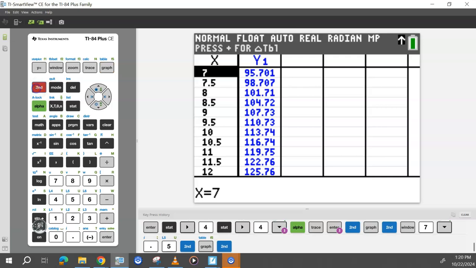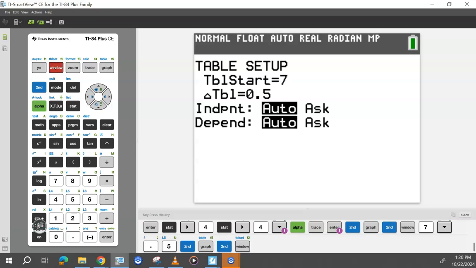Go back into second window. Change this now to 7.5. And now I'm going to change this to 0.1, and see if that gives me a better decimal. So go back into the table, second graph, and then yes.